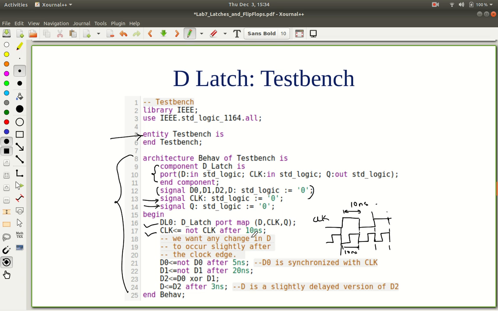So we declare another signal D1, which is another square wave, and then we XOR the two to create a signal D2, which is some irregular waveform. And then D is a slightly delayed version of D2. So D is equal to D2, but shifted ahead in time by 3 nanoseconds. So this is one way of creating some irregular looking waveforms in VHDL.